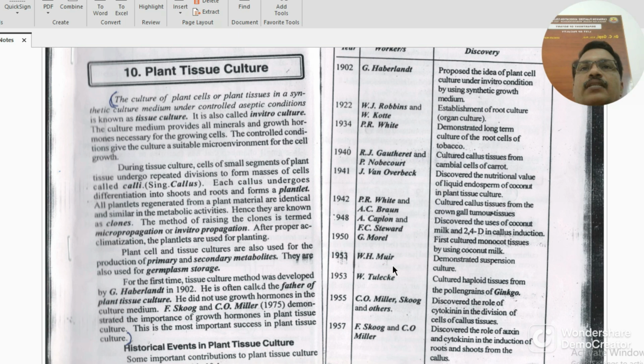Plant cells and tissues are also used for production of primary and secondary metabolites. They are also used for germplasm storage. So not only plant propagation, plant cell tissue culture technology is used for production of primary and secondary metabolites. Primary metabolites are what? Sugars, lipids, proteins, amino acids, and so on. What about secondary metabolites?